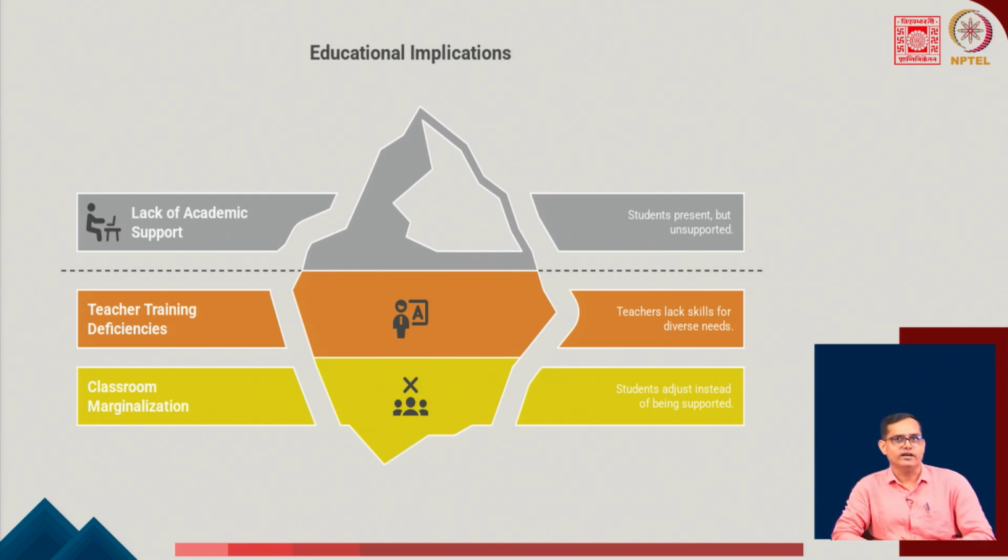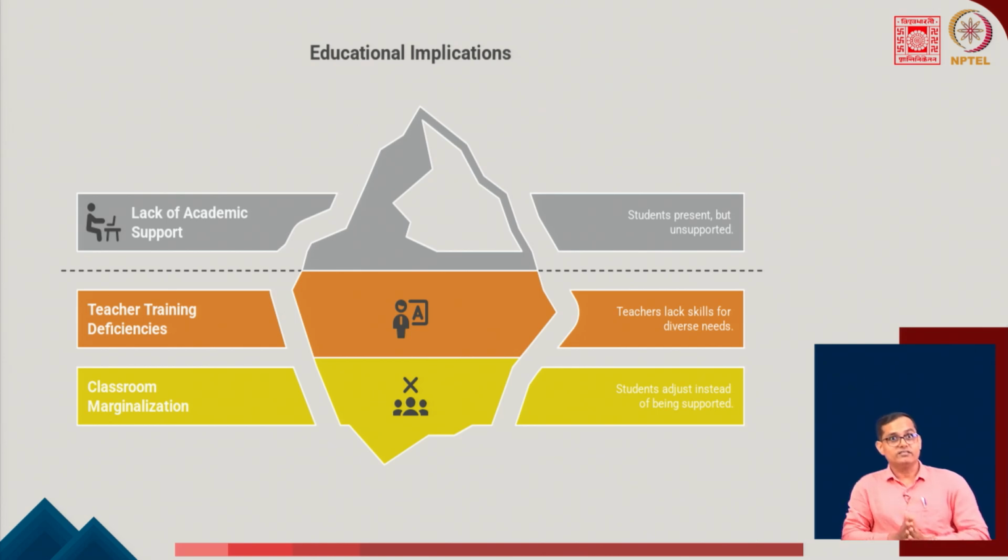We can also understand the educational implications of integration through this slide. As we earlier discussed, there is a lack of academic support in the integrated education system. Here students are physically present, but not supported. Integrated education also faces a lack of teacher training to deal with the issues, concerns and challenges of inclusive education and of children with disabilities.